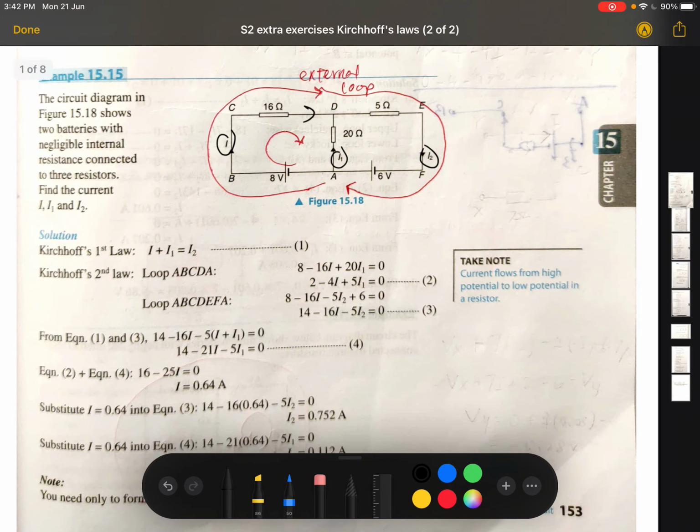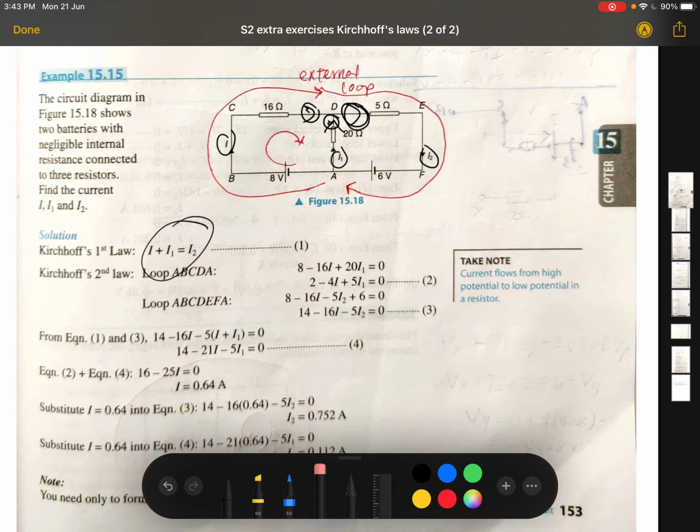The current continues, so I plus I1 equals I2, because these two are going in and it's equal to this one going out. Think of it as this being equal to these two combined together. That's why this law exists.